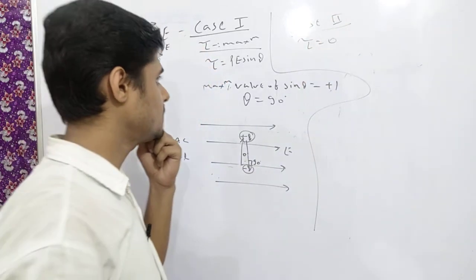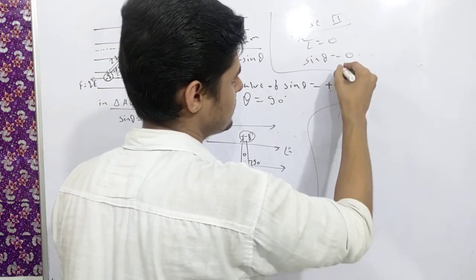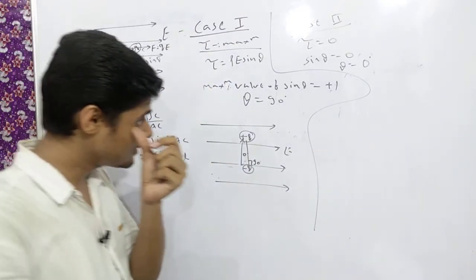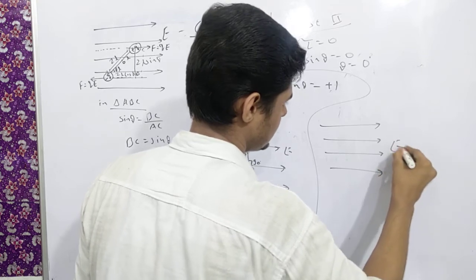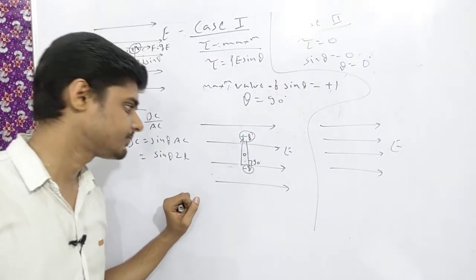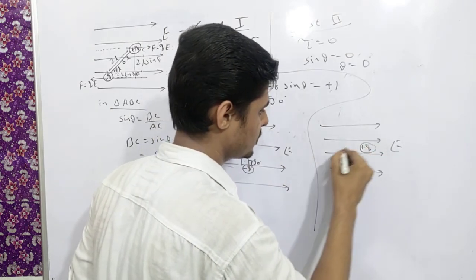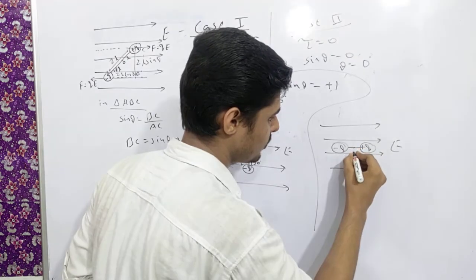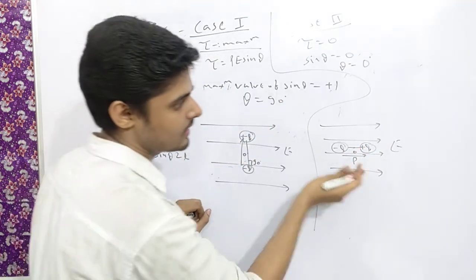Torque is equal to 0 when sine theta is equal to 0, that is, when theta is equal to 0 degrees. Theta equal to 0 degrees means if this is the electric field, then the dipole should be placed such that the dipole moment, minus Q to plus Q, makes an angle of 0 degrees.